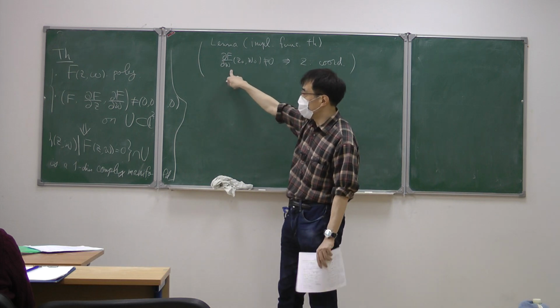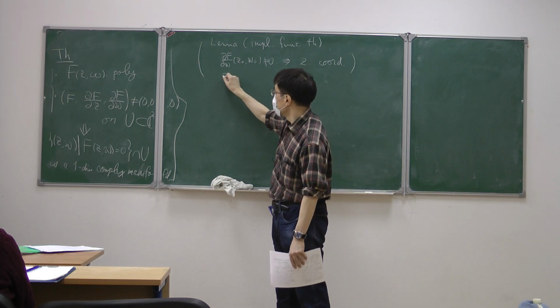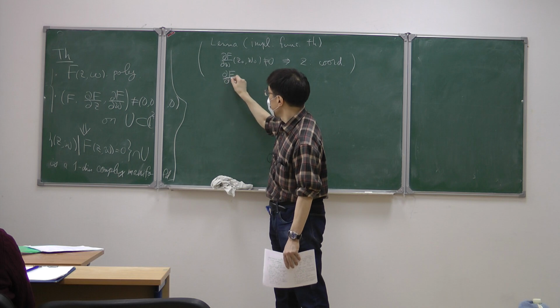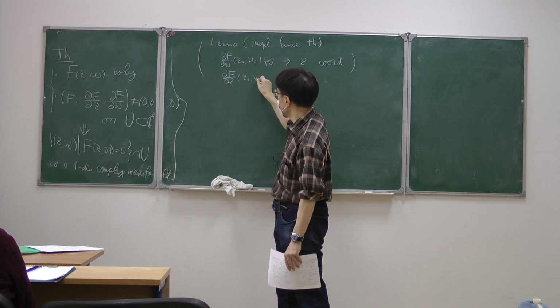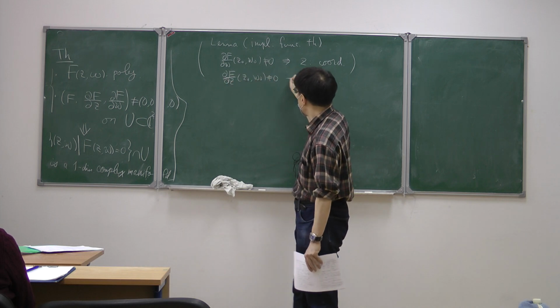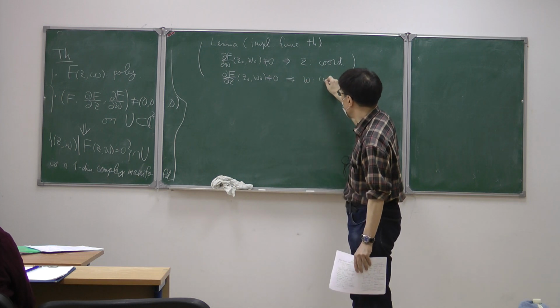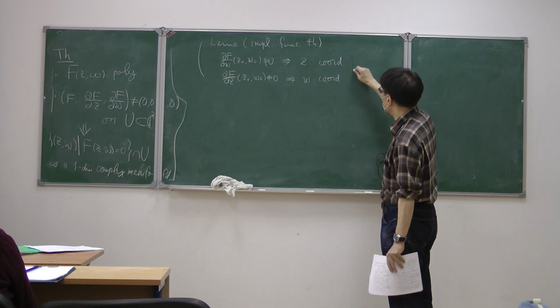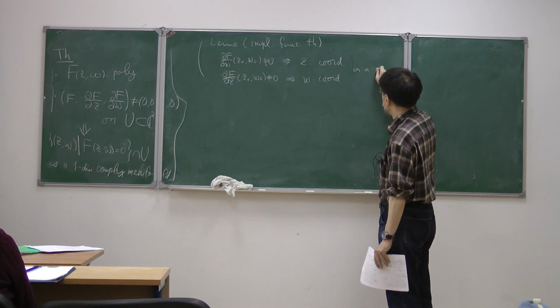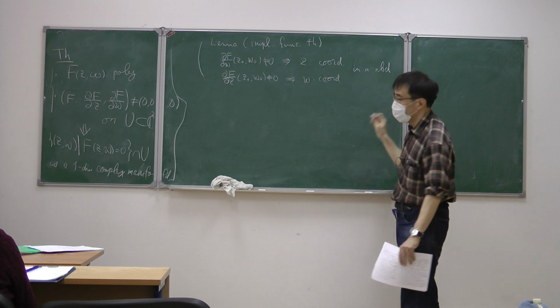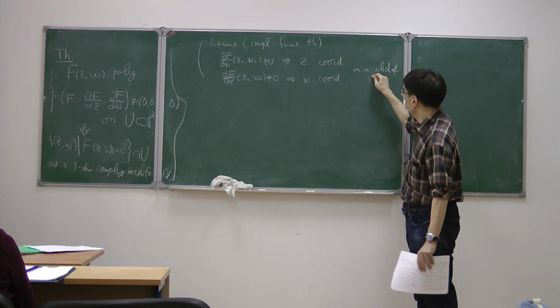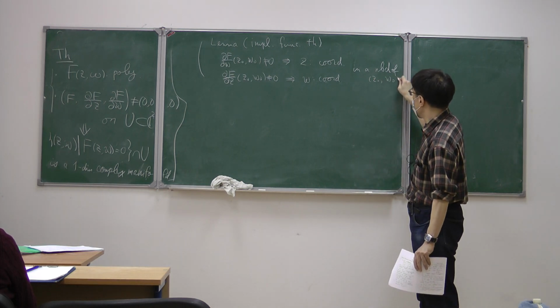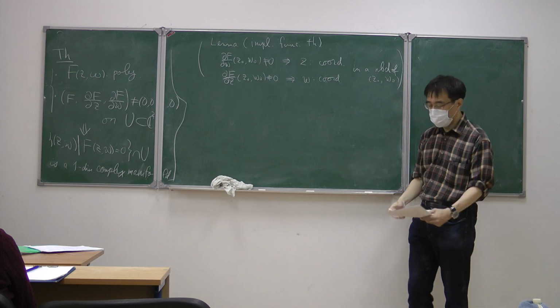Of course, if this does not vanish, then we can use w as a coordinate. Of course, locally in a neighborhood of this point.